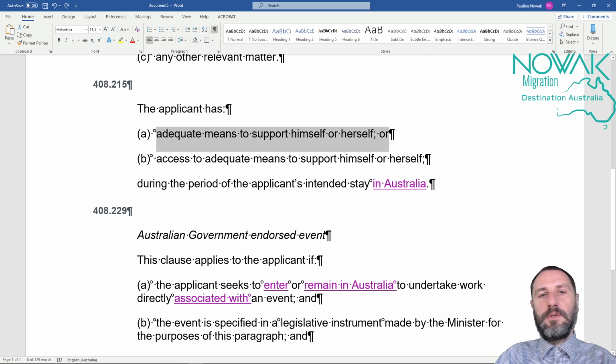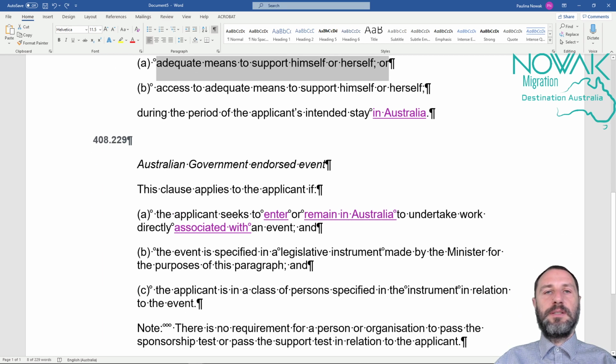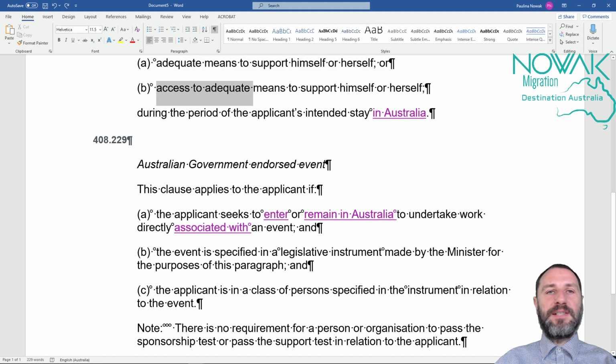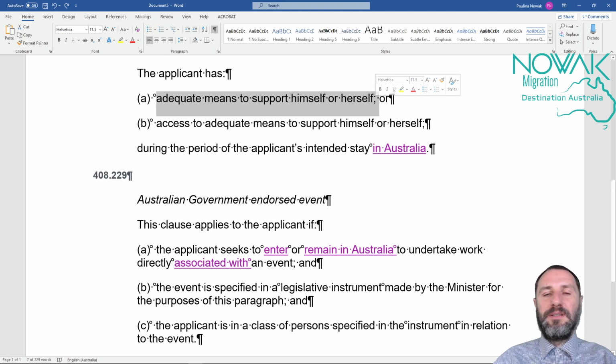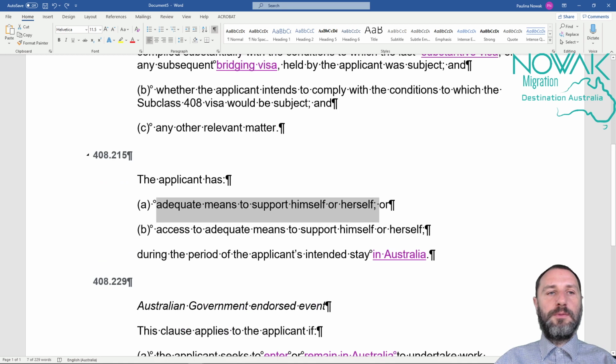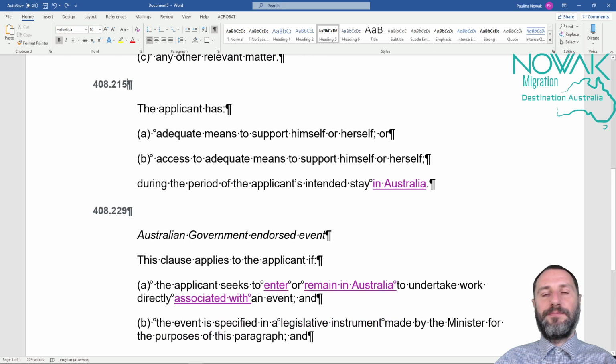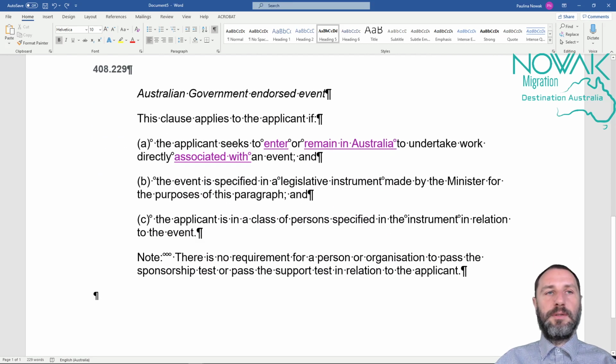If your employer will be paying you for your job, that could be considered as the applicant having access to the means of support. But if the job is voluntary and the applicant does not have the money, that will not satisfy this requirement.